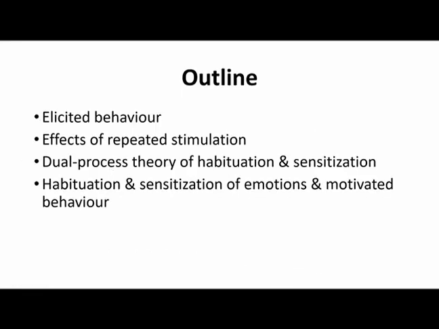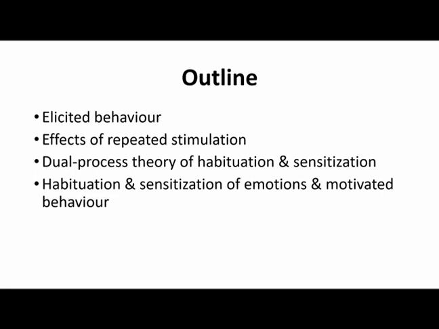So our basic outline, this is what's going to be covered all throughout chapter 2. This video is only really going to get up to about here, but this is the whole setup. This chapter is focused on how elicited behavior can be modified by experience through the processes of habituation and sensitization.